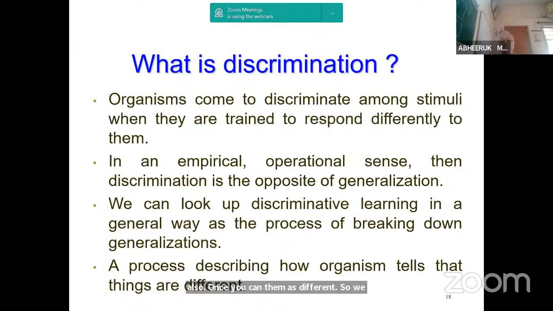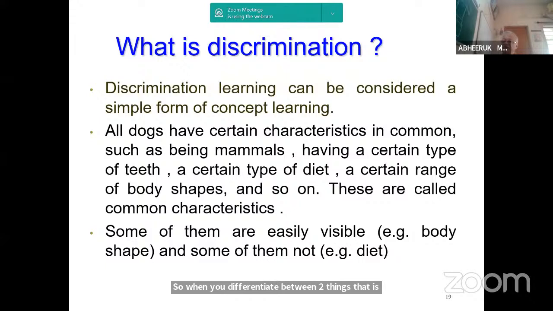So we can look at discrimination learning in a general way as a process of breaking down generalization, a process describing how organisms tell what things are different. When you differentiate between two things, that is called discrimination.